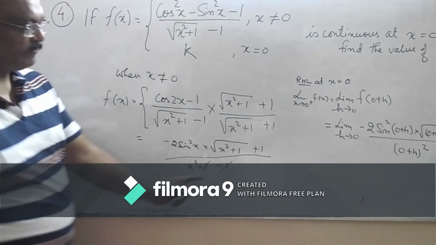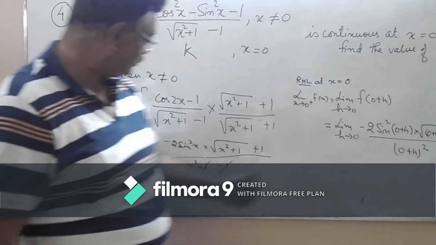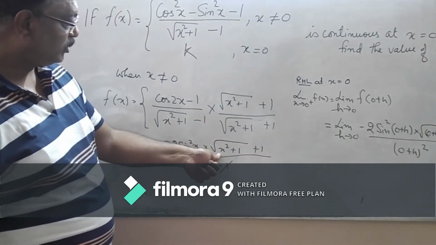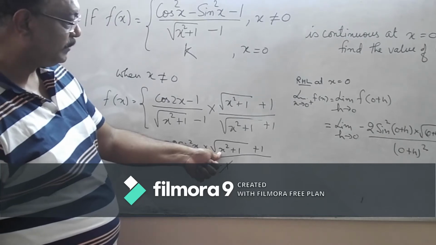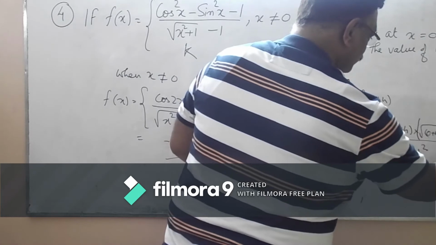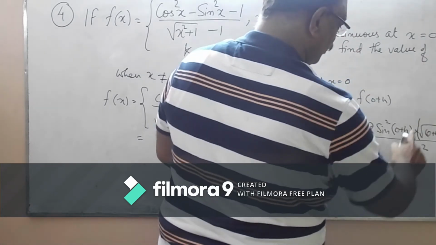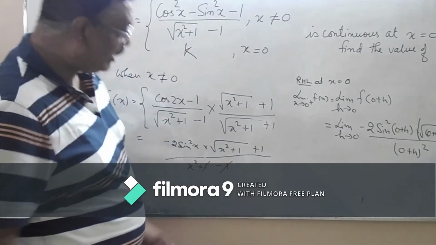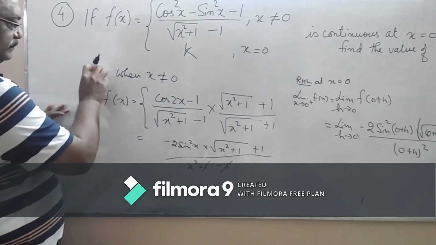See again what we have done. Minus 2 sin²(0 + h) multiplied with the under root of (0 + h)² + 1, if you want to put a bracket, you can put the bracket. Now simplify it and apply the limits.